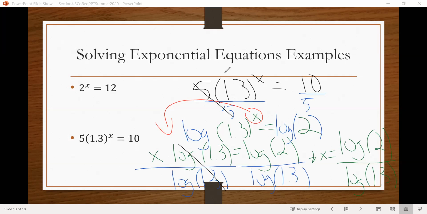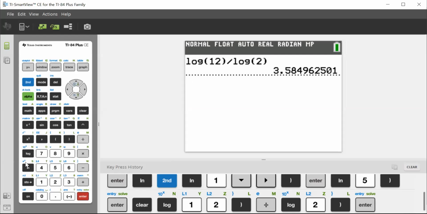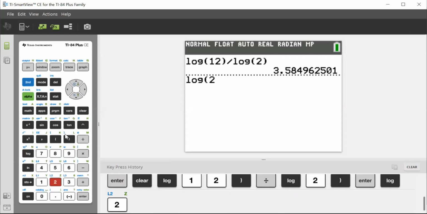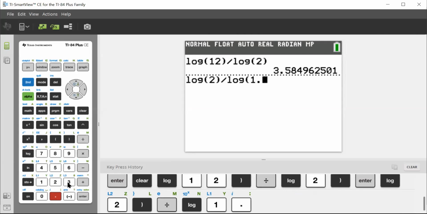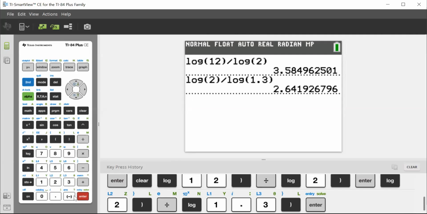We again go to our calculator to plug that in. Notice on both of these problems, I didn't plug the logs in until the end. I suggest that that's how you all approach these as well. So we're going to do log of 2 divided by log of 1.3, and here we end up with 2.642.